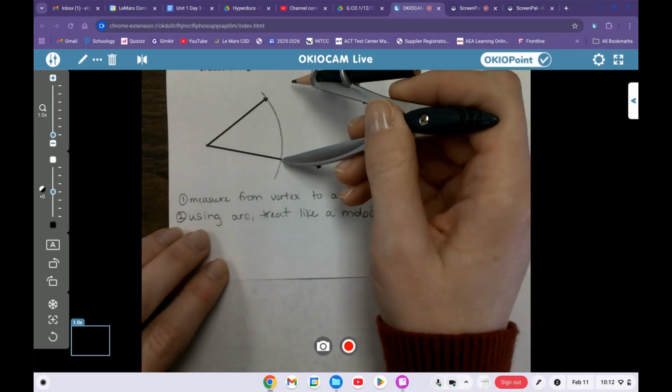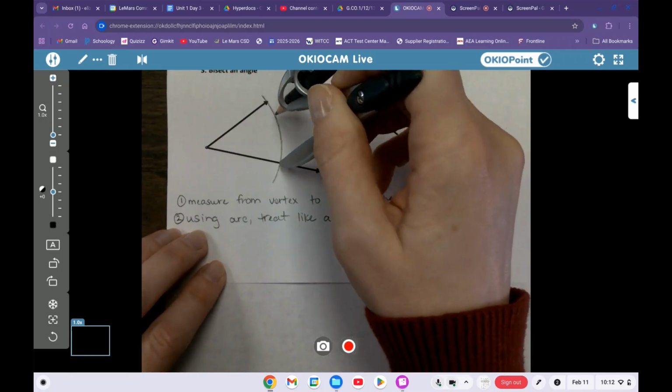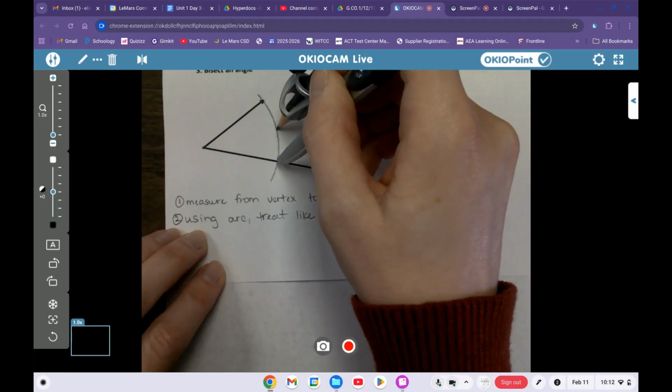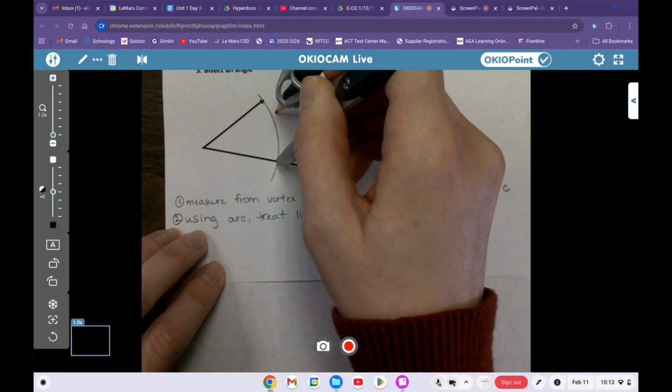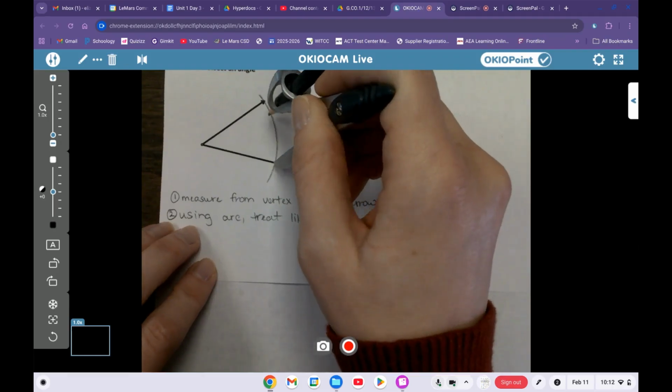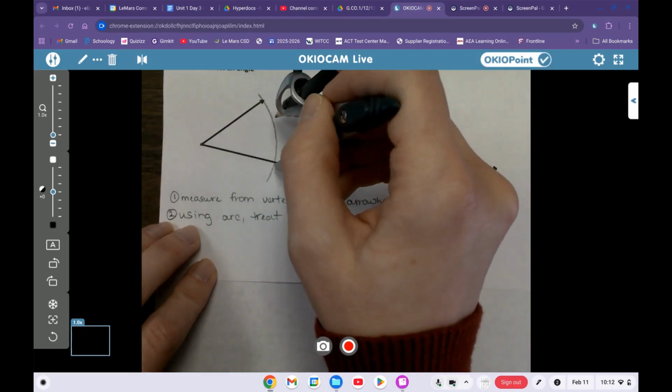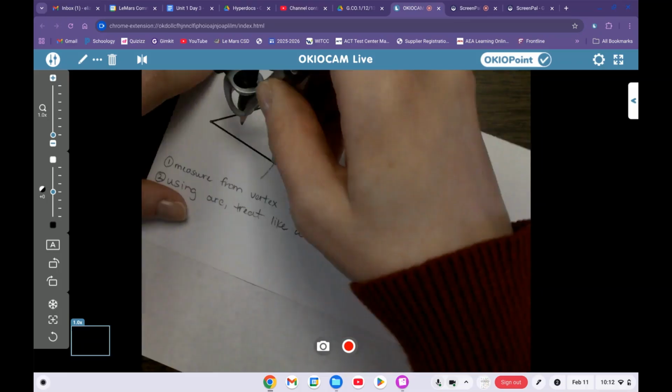So from the pointer here, I'm going to think about where's halfway on my arc. Well, it's probably about here. So I'm going to go a little bit over. And remember, we would draw two arcs. So I'm going to draw an arc from each end point here. So I'm going to draw one from here.